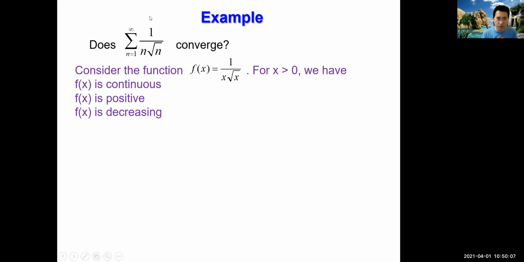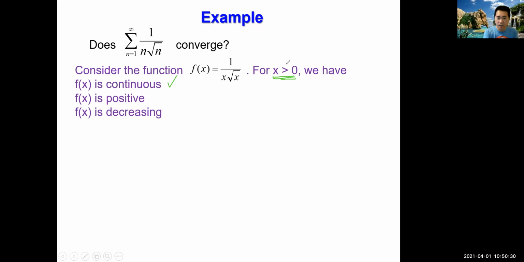Check 3 conditions. Are they satisfied? Well, if you look at this function, it's continuous as long as x is positive. Notice that if you have 0 at the bottom, it's not continuous. So if x is greater than 0, the function is continuous.